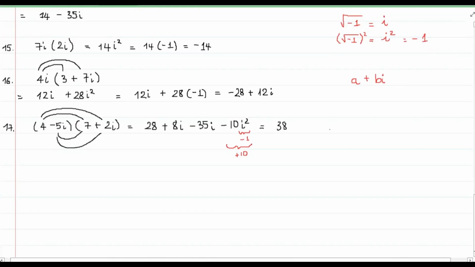Okay, we can take 35 minus 8, that becomes negative 27. So that will be minus 27i.